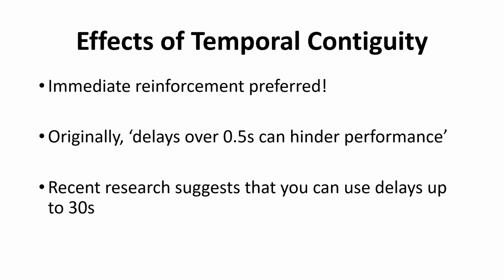But more recent research has suggested that you can actually use delays as long as 30 seconds without significantly damaging that association. I will state that up to 30 seconds comes with a little asterisk at the end saying under ideal conditions.